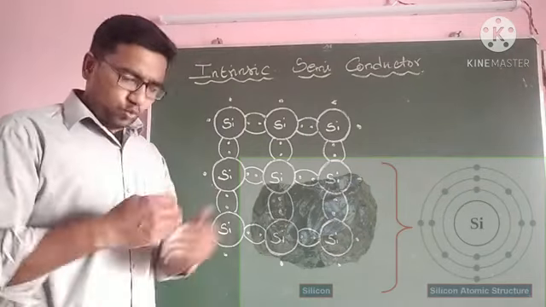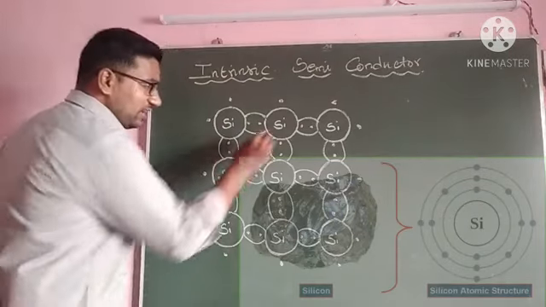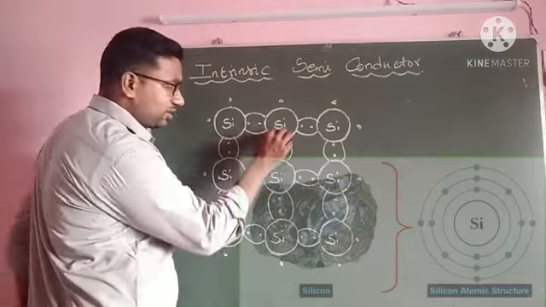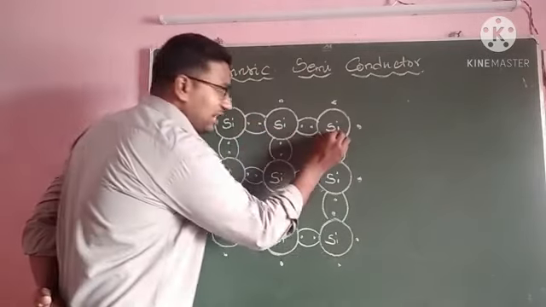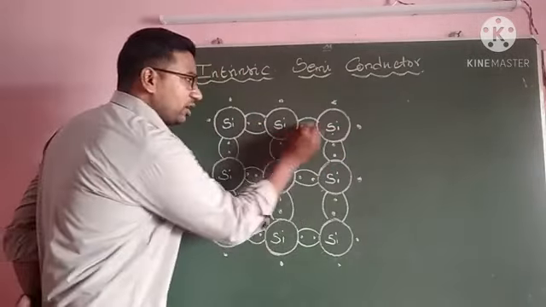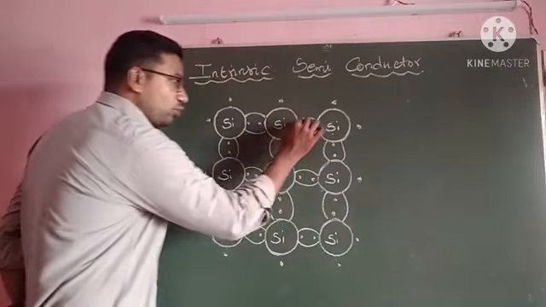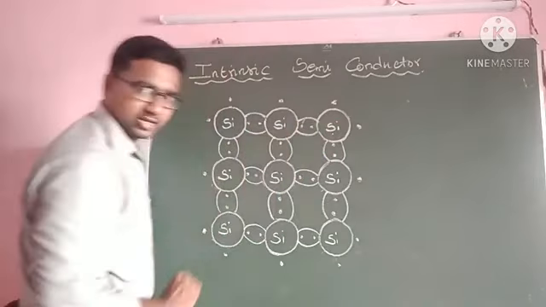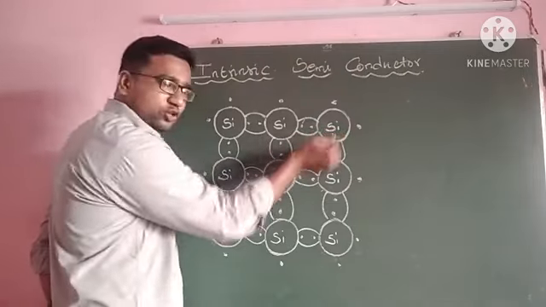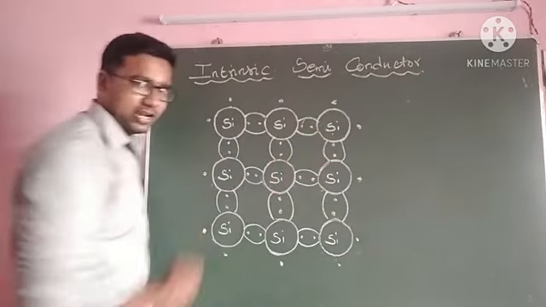So covalent bond means one to one. The silicon atoms are bonded to the neighboring silicon atom through the covalent bond structure, so one atom gives one electron to the neighboring atom.